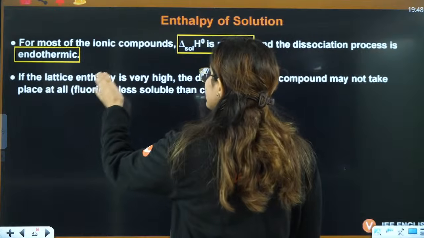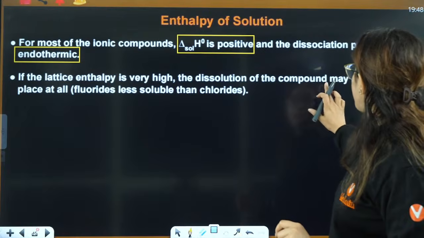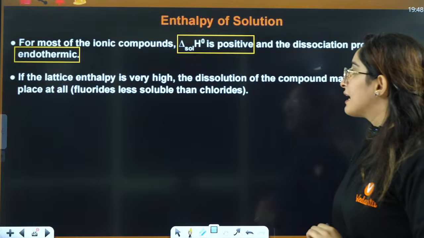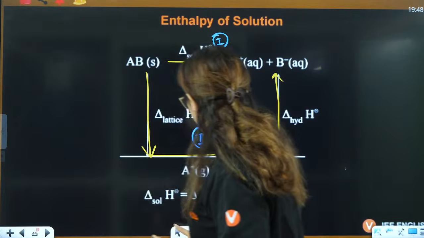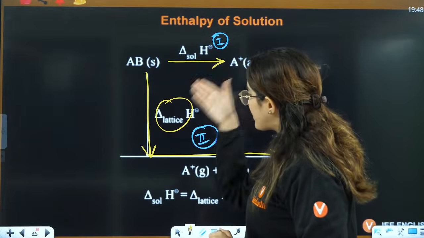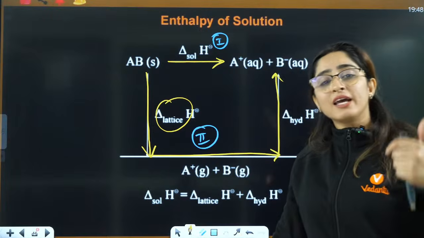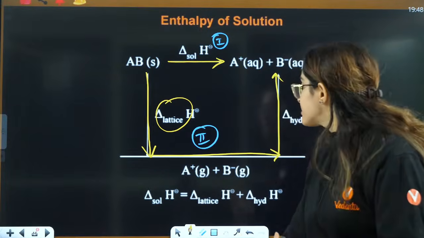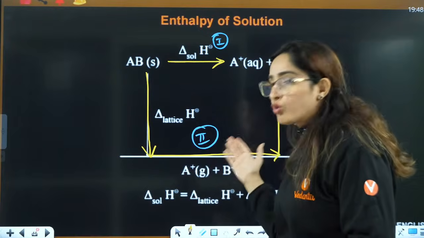If lattice enthalpy is very high, the dissolution of the compound may not take place at all. That means if you require a very high amount of energy to break that particular solid into gaseous ions, then it is very difficult for you to proceed through this path.